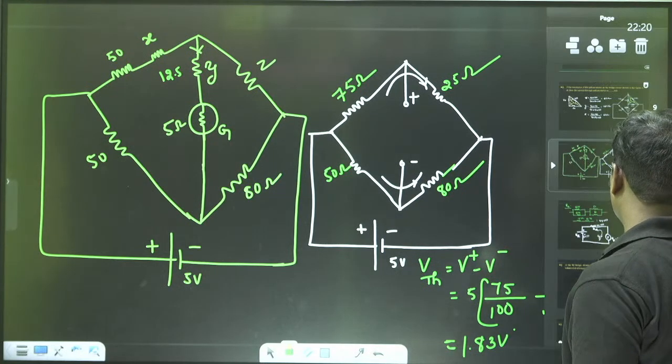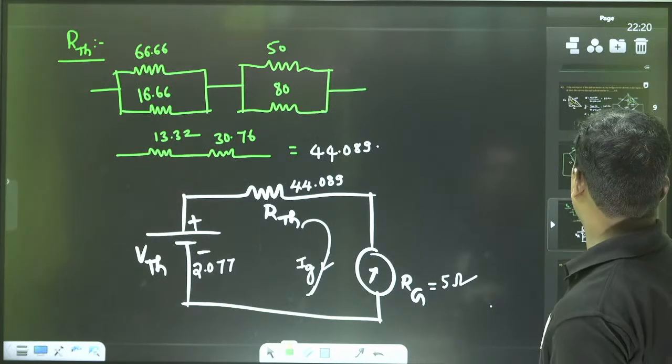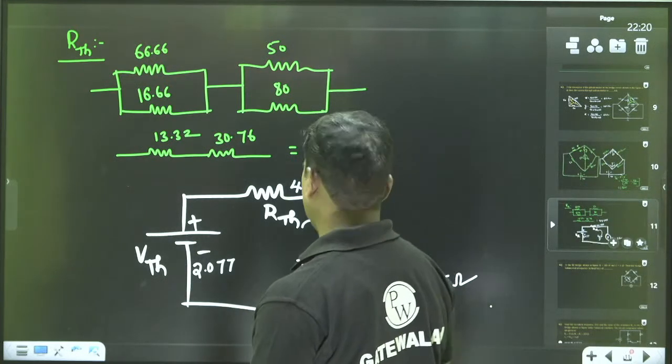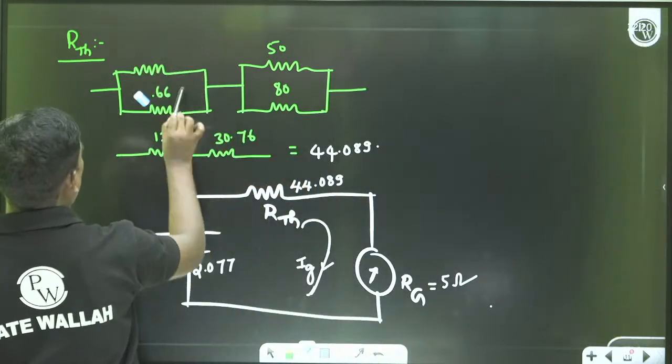Okay. This R Thevenin, 25 parallel. This is 75, this is 25.